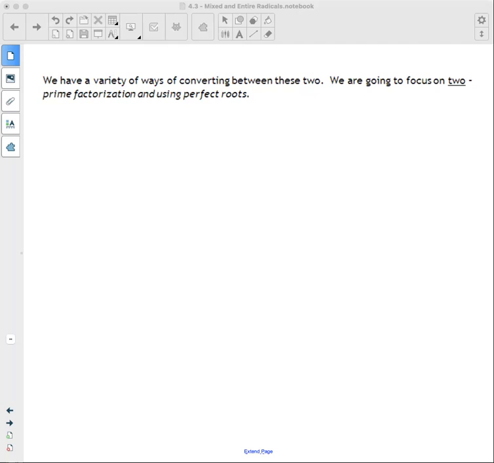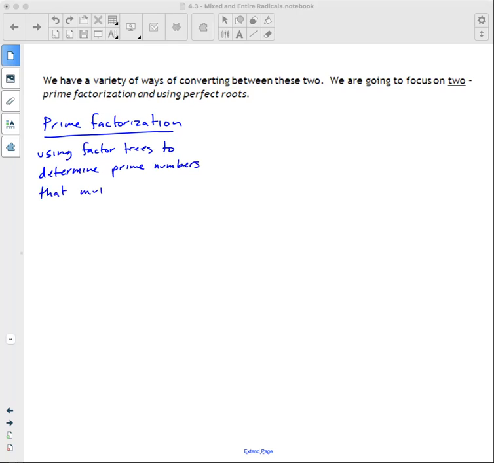So, prime factorization: this is where we're using factor trees to determine the prime numbers that multiply to form a product that we are trying to simplify.